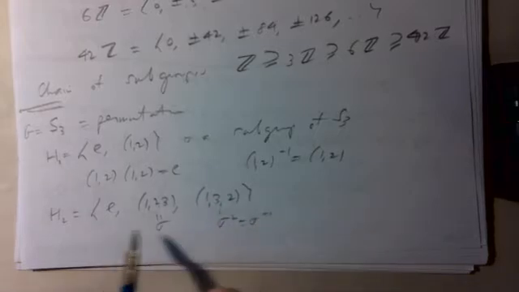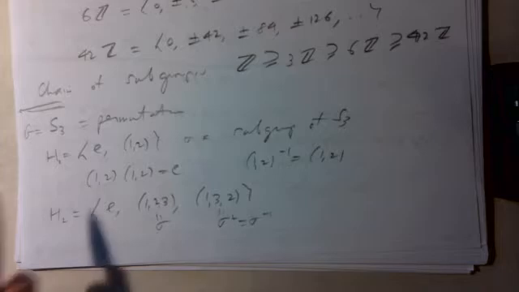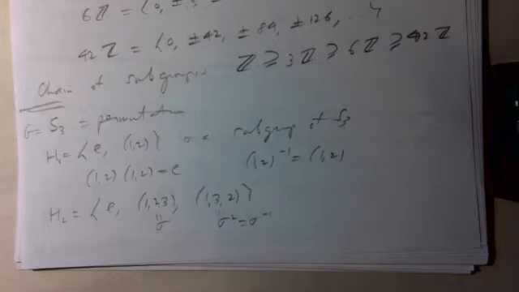And this is a subgroup with 3 elements contained in the permutation group. Any questions about this? Let's look at one more example.